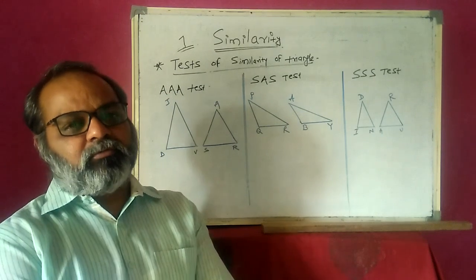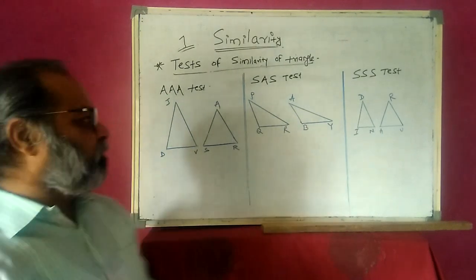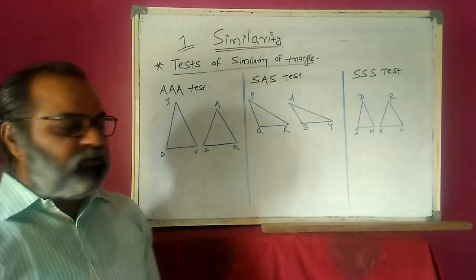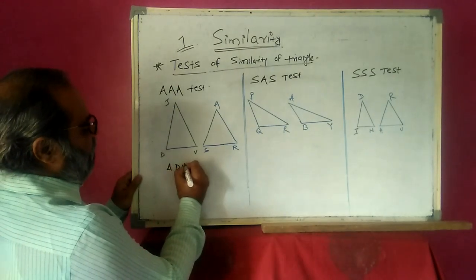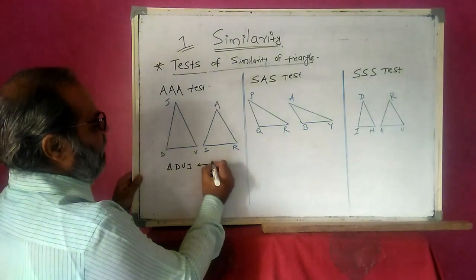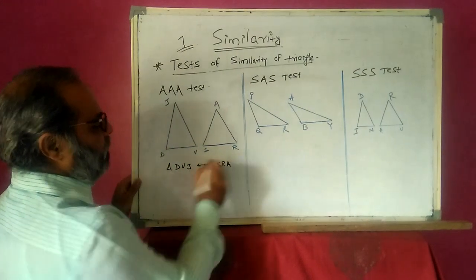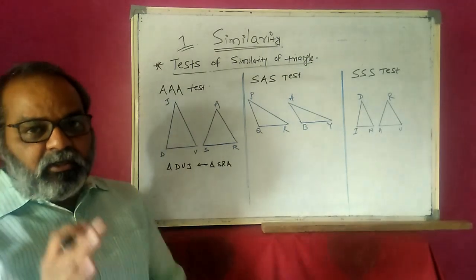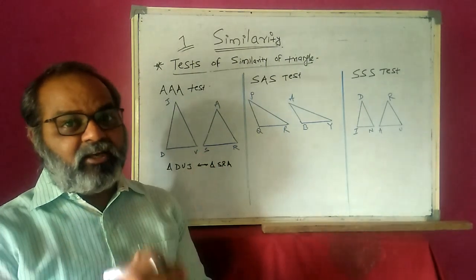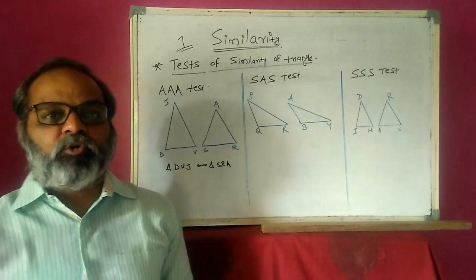It is also called the AA test. So what does the AAA test actually mean? There are two triangles. I write triangle DVJ is in one-to-one correspondence with triangle SRA. In similar triangles, sides are in proportion and angles must be congruent to each other.